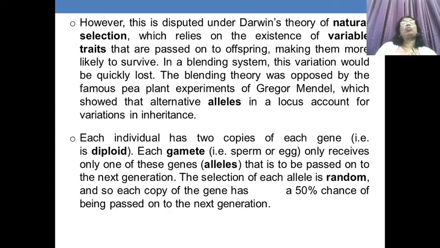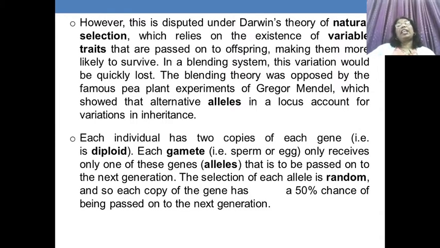However, this was disputed under Darwin's theory of natural selection, which relies on the existence of variable traits that are passed on to offspring, making them more likely to survive. In a blending system, this variation would be quickly lost.